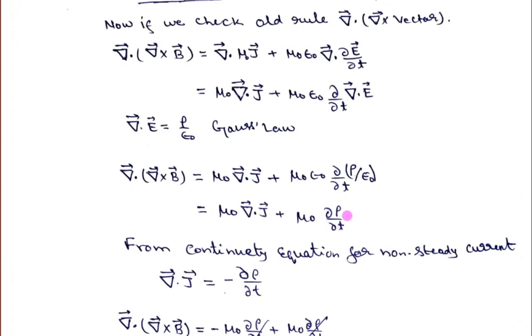If you see here del rho upon del t, again from the equation of continuity we know that divergence of J is equal to minus del rho upon del t.